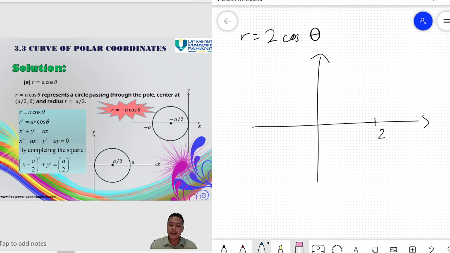You sketch the circle on the x-axis because 2 is positive and it will be on the positive x, and vice versa. You get the picture already. If negative 2 cos theta, it will be at the negative 2, and then still the same principle. The diameter is 2 and the radius is 1.